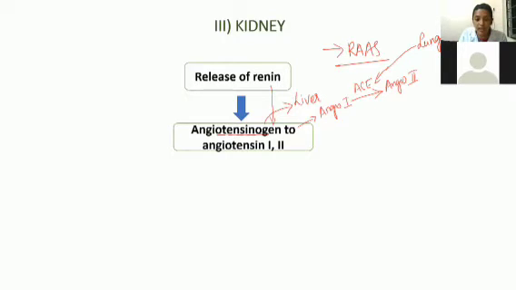So you should know from where these enzymes are secreted. From the kidney, the renin will be released, and angiotensinogen is released from the liver. Renin acts on angiotensinogen, converting it to angiotensin 1. Then angiotensin converting enzyme, which is secreted from the lungs, will convert angiotensin 1 to angiotensin 2.